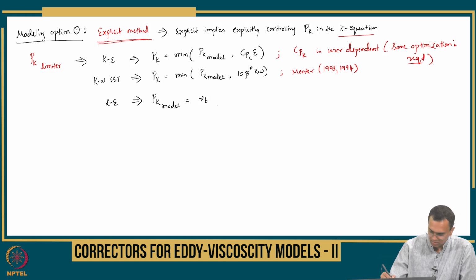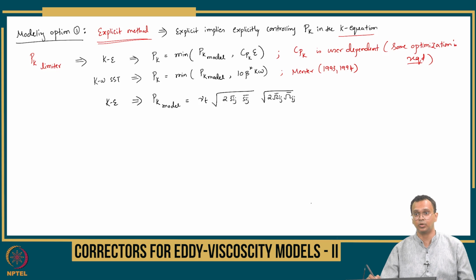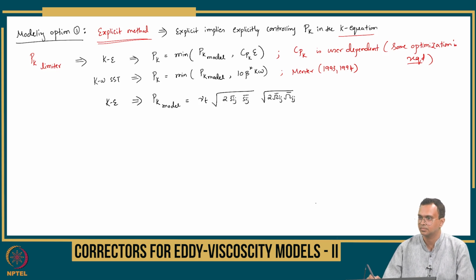So nu_t times square root of 2 Sij Sij, and then you look at square root of 2 omega ij omega ij. Omega ij is the mean rotation rate tensor, if you recall what it is.